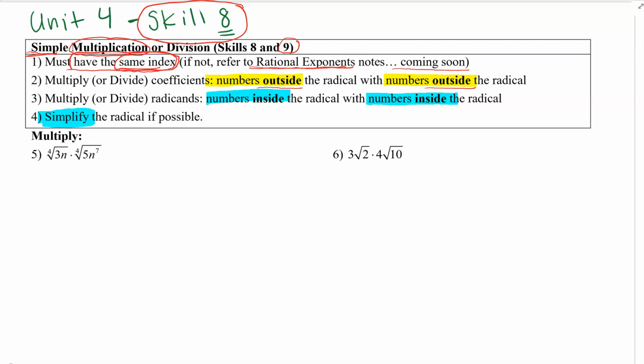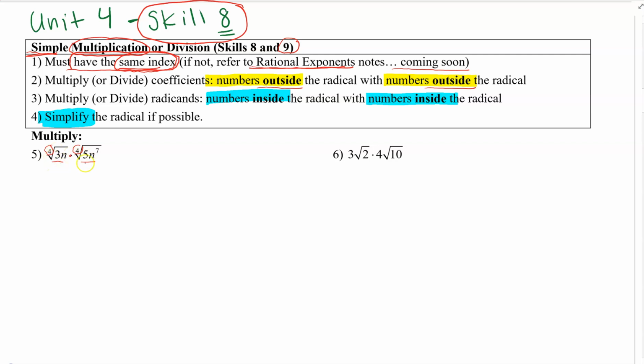So we're multiplying fourth roots, so the indexes match, which means we can follow the rules outlined here. And there aren't any numbers outside, there's only numbers inside, so we can just basically multiply them together. So to sum up, you can multiply things inside a radical to each other. You can multiply across a fourth root as long as the index matches and as long as it's multiplication or division.